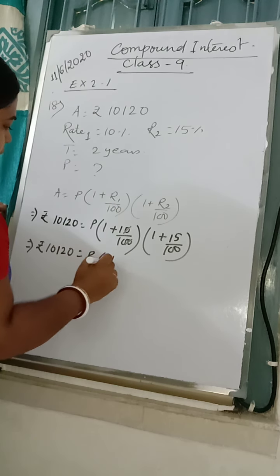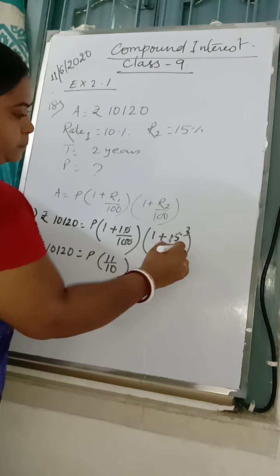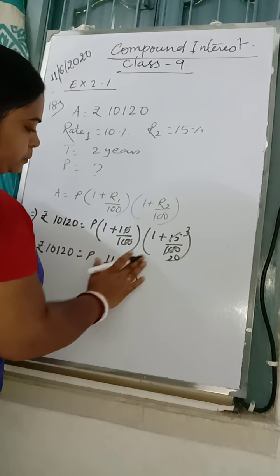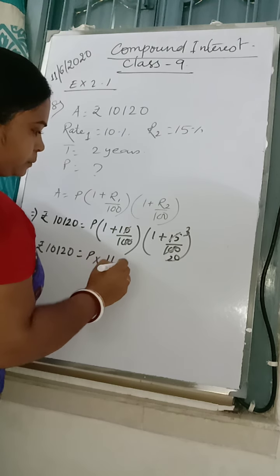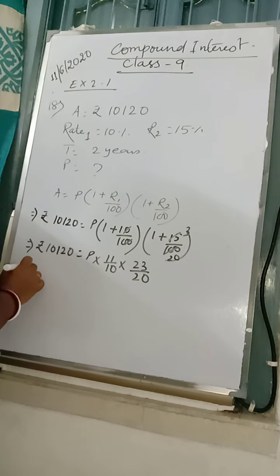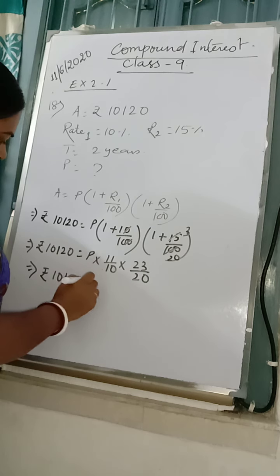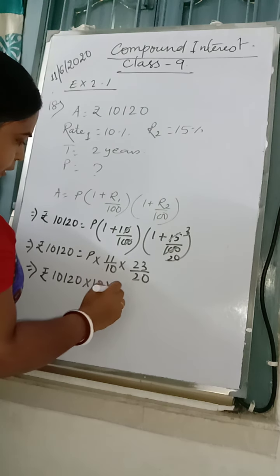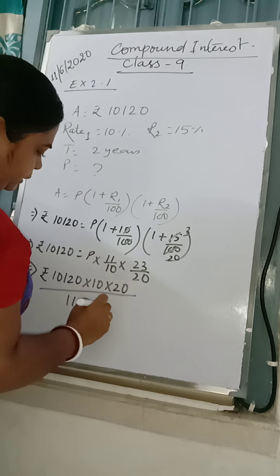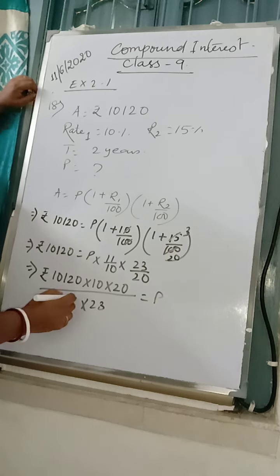P into 11 by 10 into 23 by 20, is it? So 10 into 20 by 11 into 23 is equal to P. Now you see what it gives here?